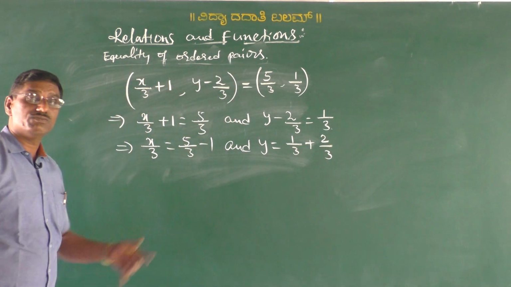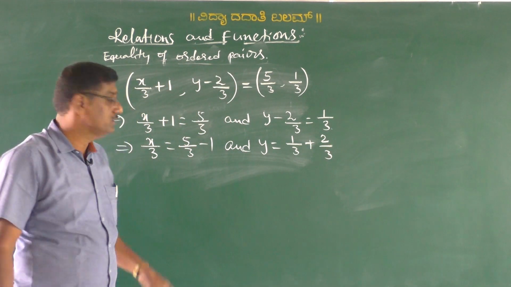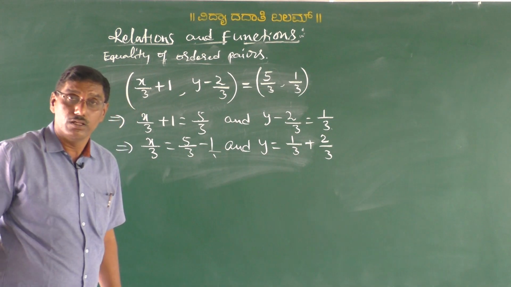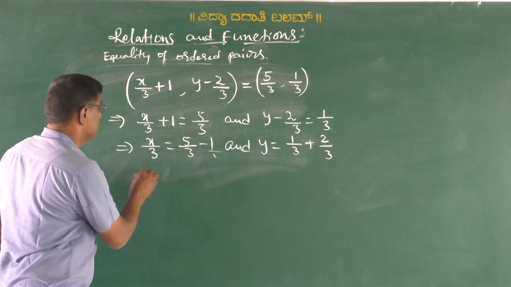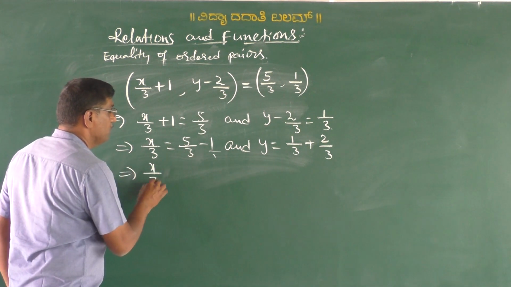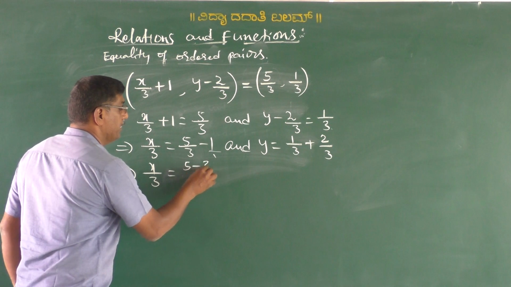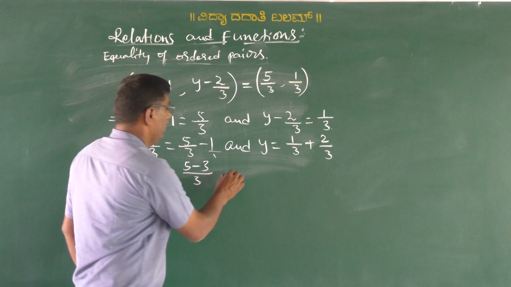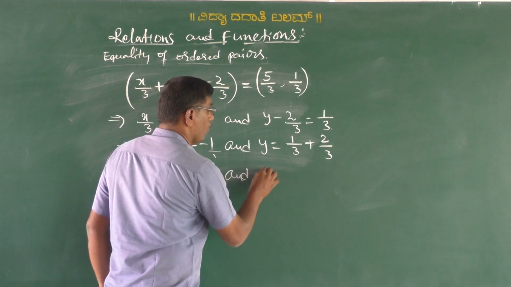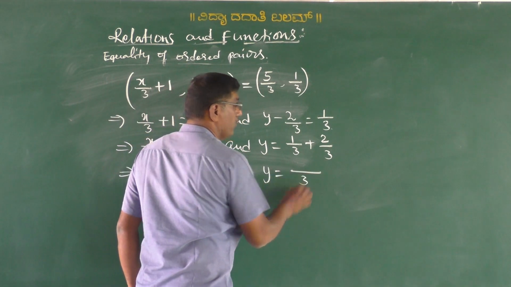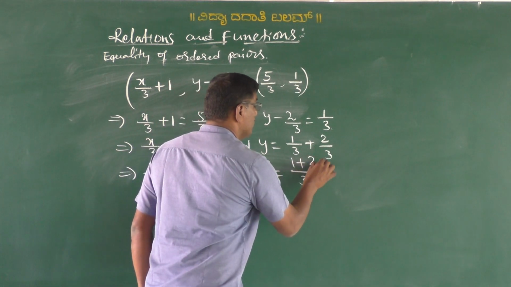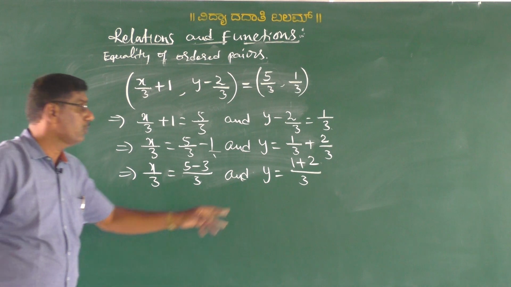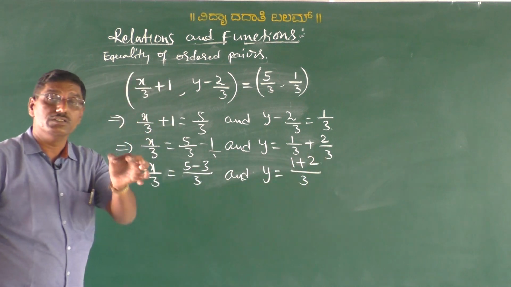Now to simplify this, we have to take the LCM, since these are fractions, that means 1 can be expressed as 1 by 1. This implies x by 3 is equal to 5 minus 3 divided by 3, since the LCM is 3. And here also y, the LCM is the same, we can write directly 1 plus 2, since the denominators of the two fractions are the same number.